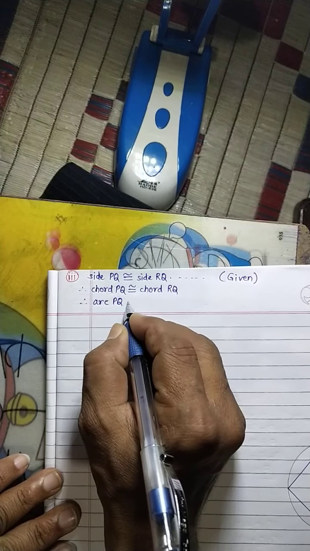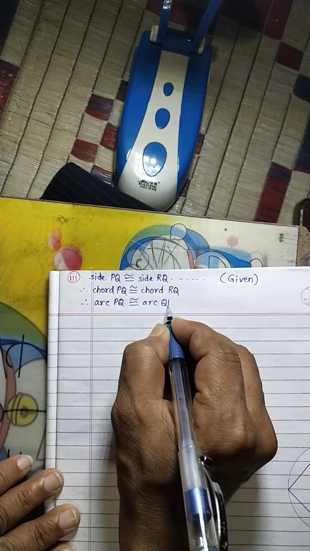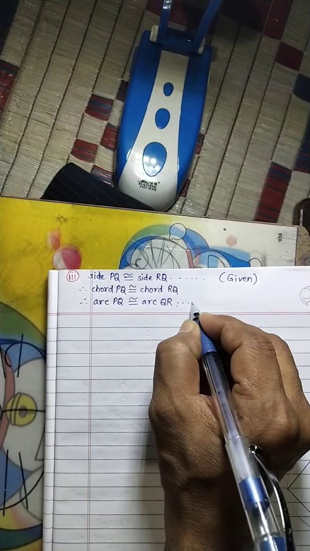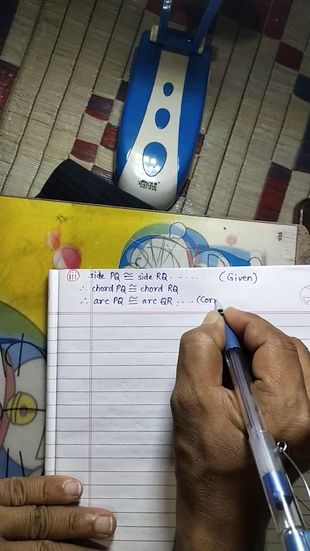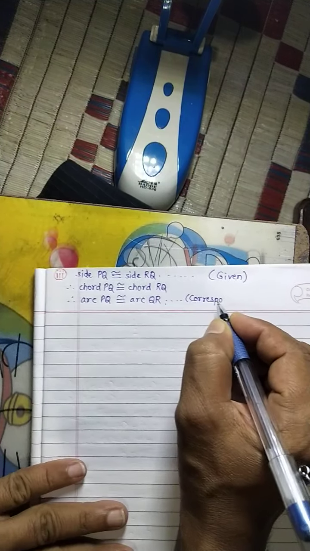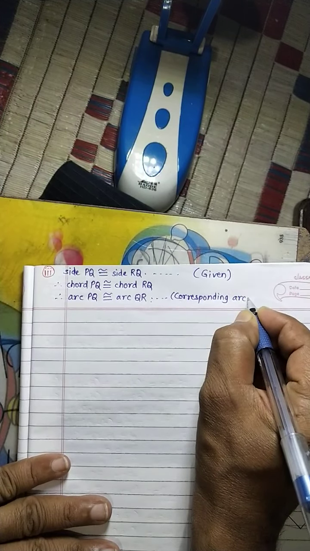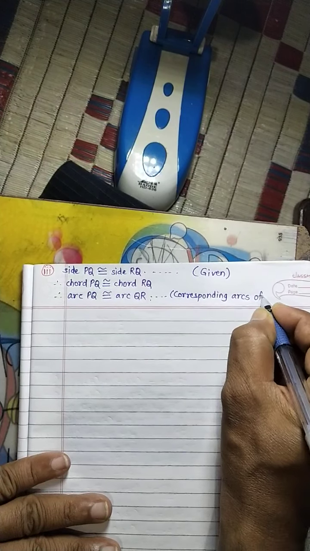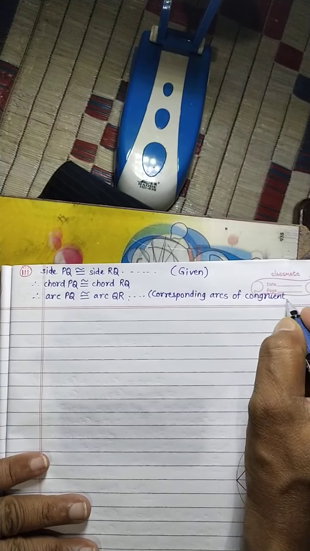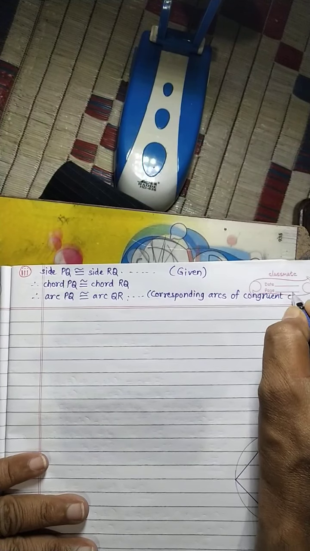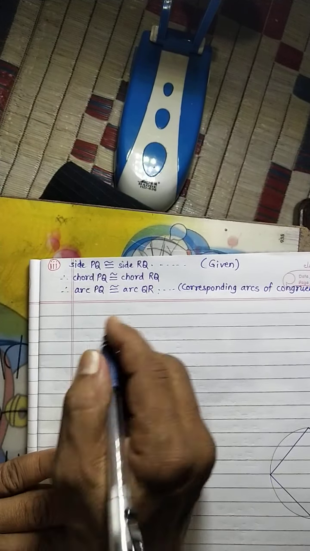So arc PQ is congruent to arc RQ, meaning QR, and here the reason is corresponding arcs of congruent chords.